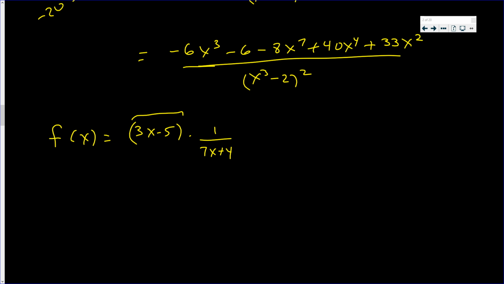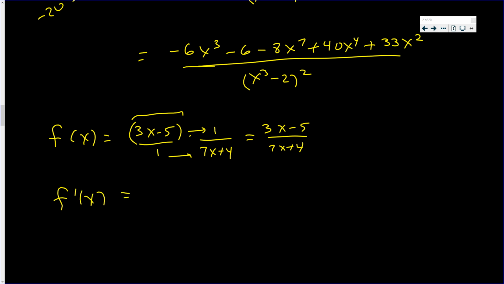But let's multiply. Multiply the two numerators. You get 3x minus 5. And if you like to have a 1 there, multiply it, or just write 7x plus 4. I look to see if there's a quick way of dividing them. I don't see it. So then I use the quotient rule.